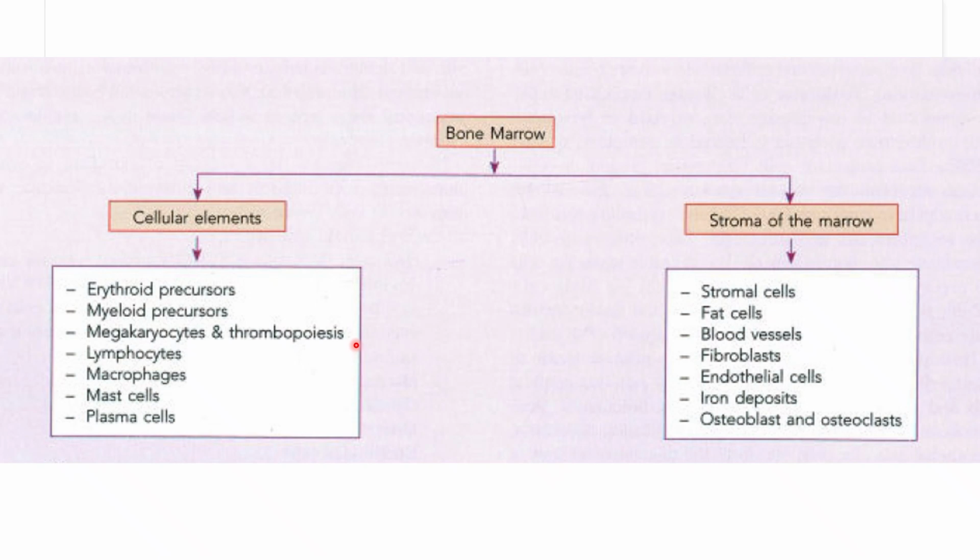Megakaryocytes further lead to the formation of platelets. Then lymphocytes, macrophages, mast cells, and plasma cells. So these are the cellular components, and the entire structure of the bone marrow is supported by the stromal component. For that, we have the stromal cells, fat cells, the blood vessels, fibroblasts, endothelial cells, iron deposits, and osteoblasts and osteoclasts.